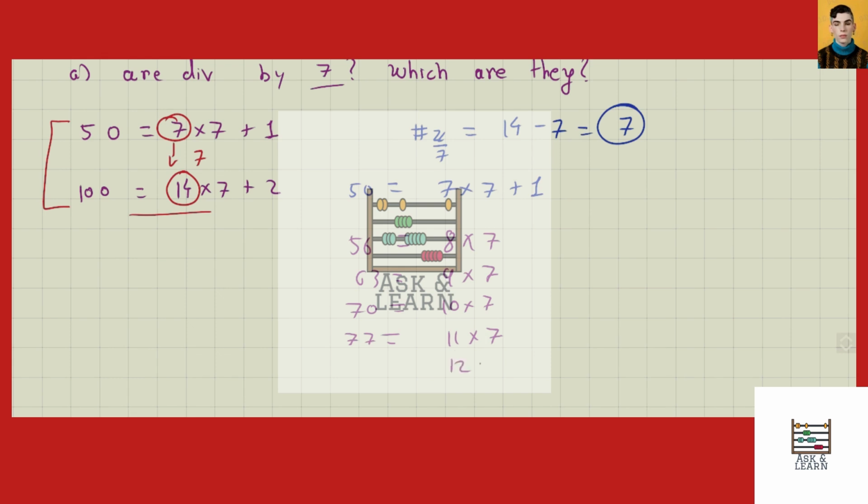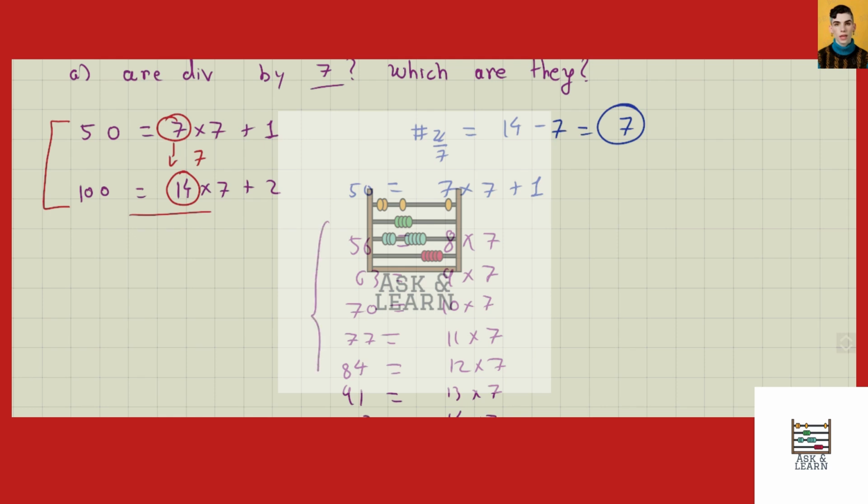Here we have 12 times 7, and this is equal to 84, sorry. And then here we have 13 times 7, this is equal to 91, and last is 14 times 7, that is equal to 98.